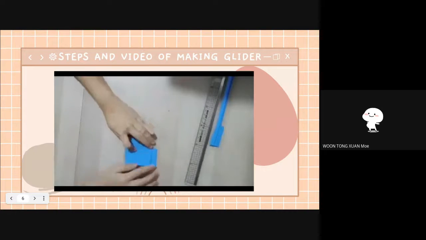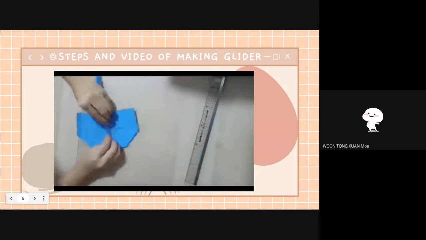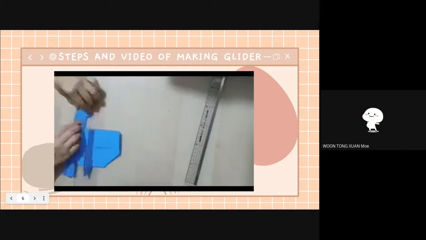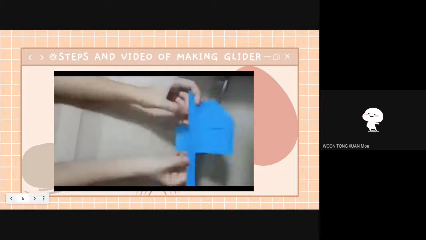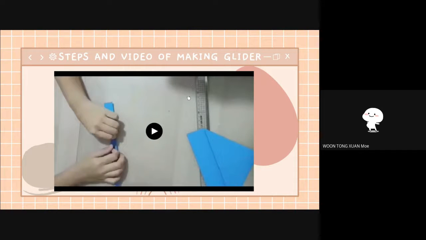This is the wing. Then insert the fuselage into it. And this is the final glider.